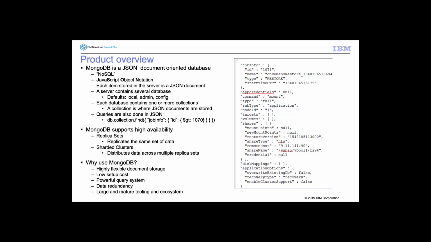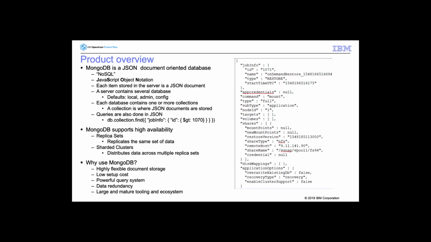So in terms of support, it's going to support replica sets, which allows you to replicate the same set of data across multiple servers, and sharded clusters, which distributes the data across multiple replica sets. Now, I just want to mention, in our initial release of MongoDB support for Spectrum Protect Plus, we are going to support replica sets, but we won't be supporting sharded clusters in this initial release.